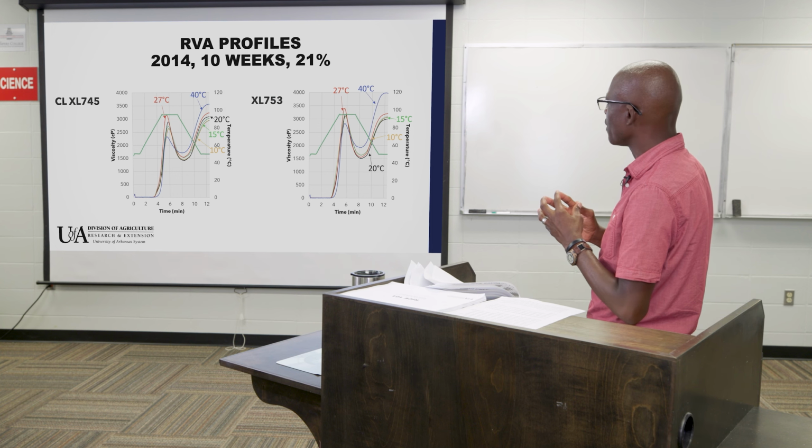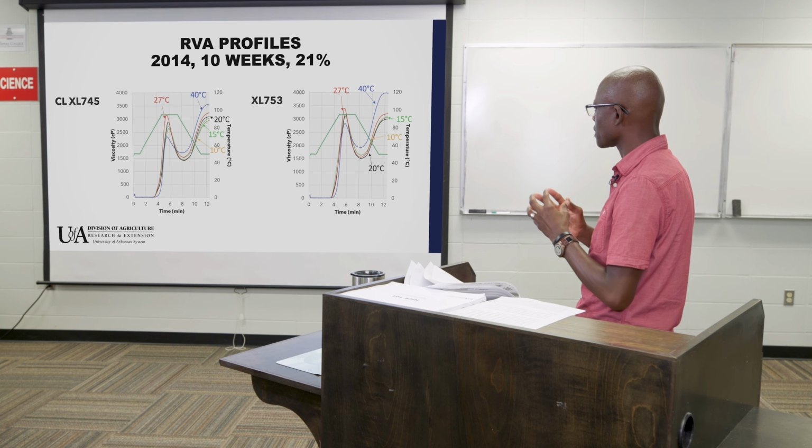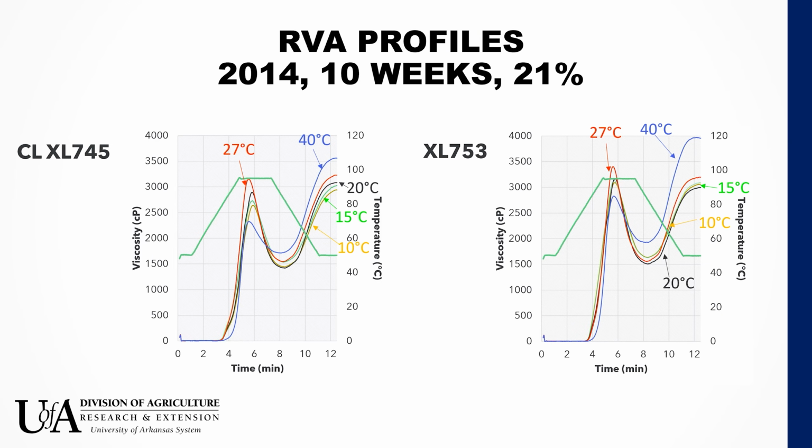Same thing was observed when we store the same rice at higher moisture content. We see variations in viscosity profiles as a result of storage temperatures. Again, we can see that rice that was stored at 27 degrees Celsius tended to have higher peak viscosity, and rice that was stored at 40 degrees Celsius tended to have lower viscosity.